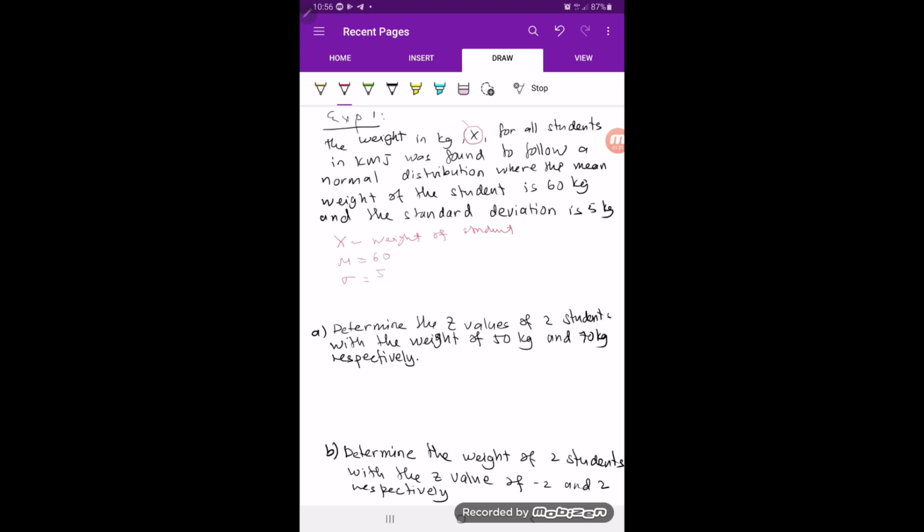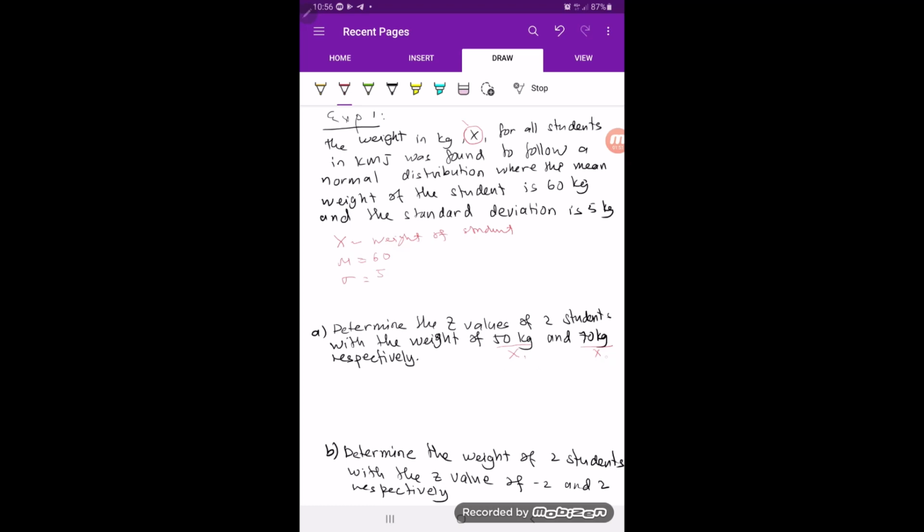So question A, you want to determine the Z value of two students with the weight of 50 kg and 70 kg. This is the weight of the first student, that means the value of x, and for the second student, the weight is 70.